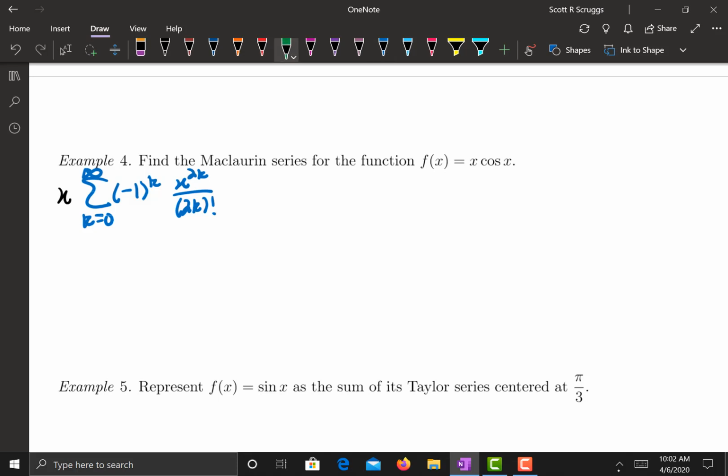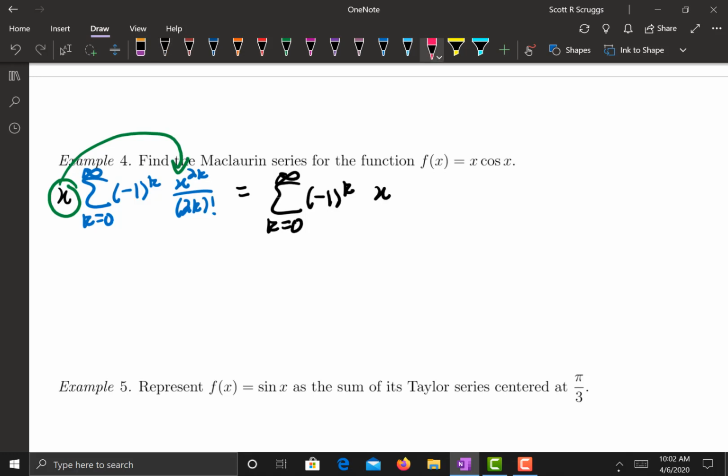And I can now use my property that we talked about before in section 11.2 that says if I have x raised to some power outside of the power series, I can move that inside the power series and combine those x's as I would expect, to give me, in the end, the sum from k equals 0 to infinity of negative 1 to the kth power times x.